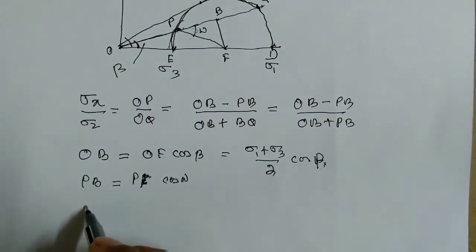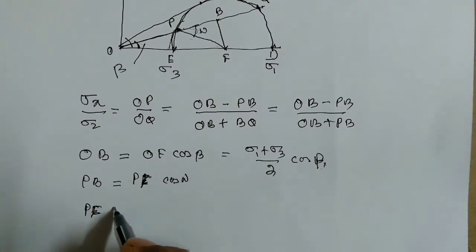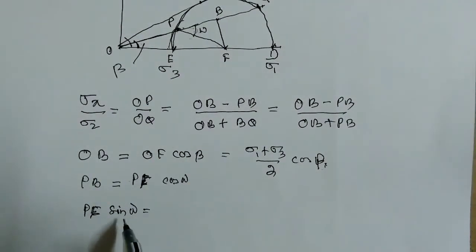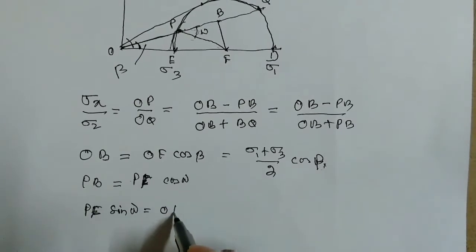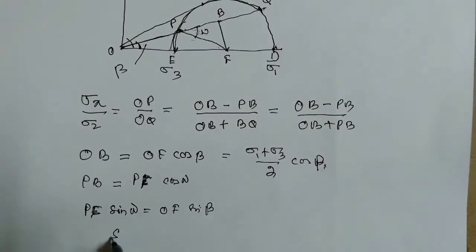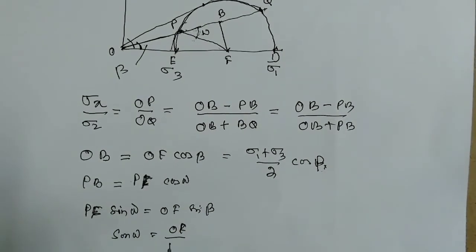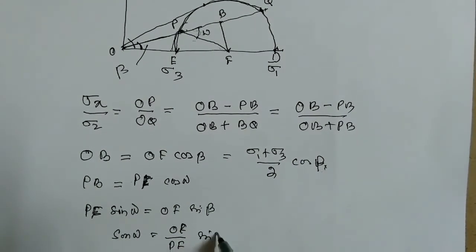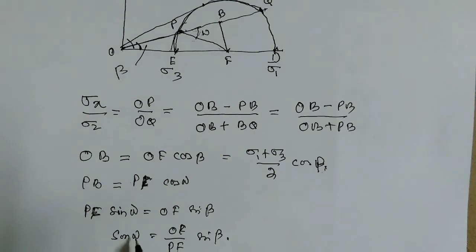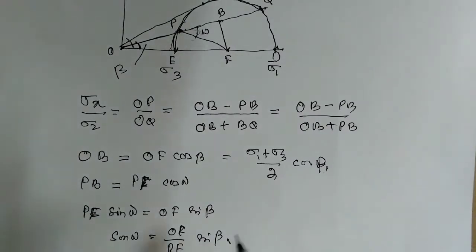So PF sin omega is equal to OF sin beta, so sin omega is equal to OF by PF sin beta. We'll see this in the next page.